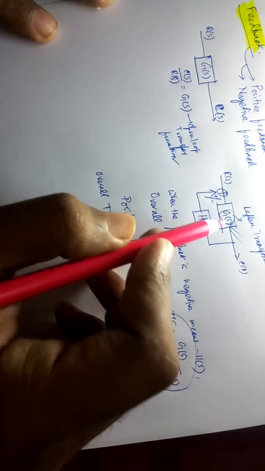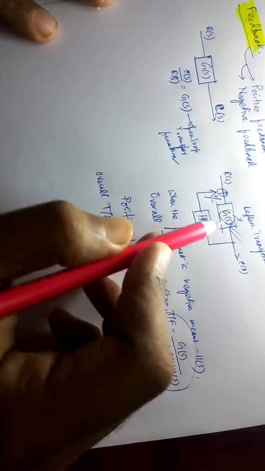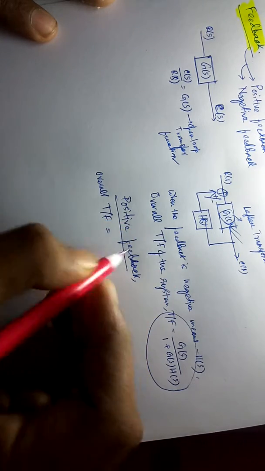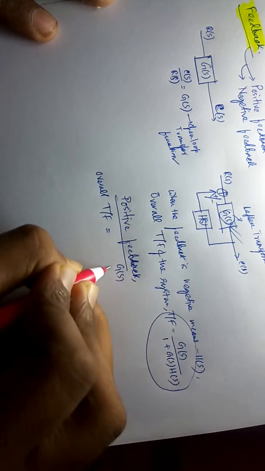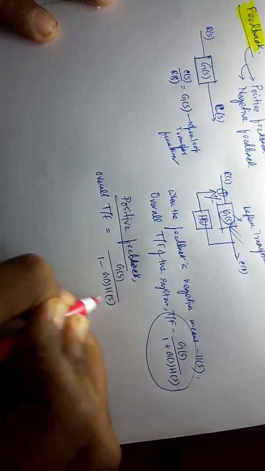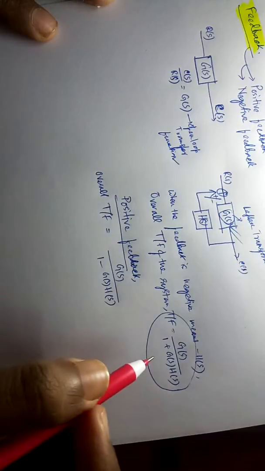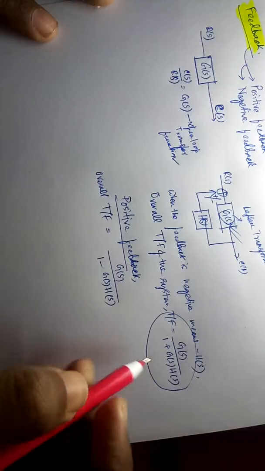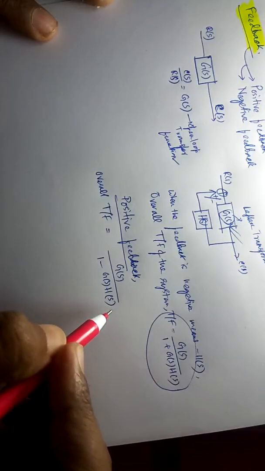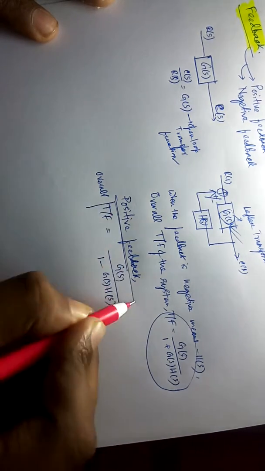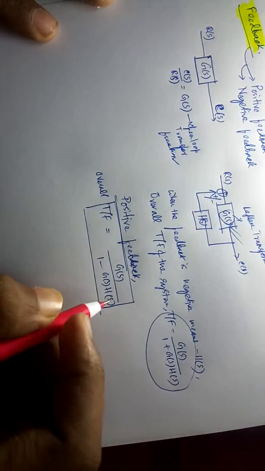The plant, right? This is the plant. The overall transfer function in case of positive feedback will be like G(s) by 1 minus G(s)H(s). This is just a simple example and a representation. By this you can calculate the feedback and the transfer function of any system by this mathematical equation.